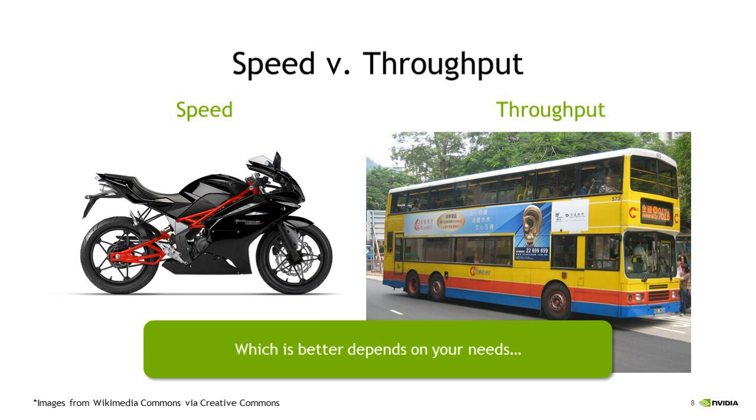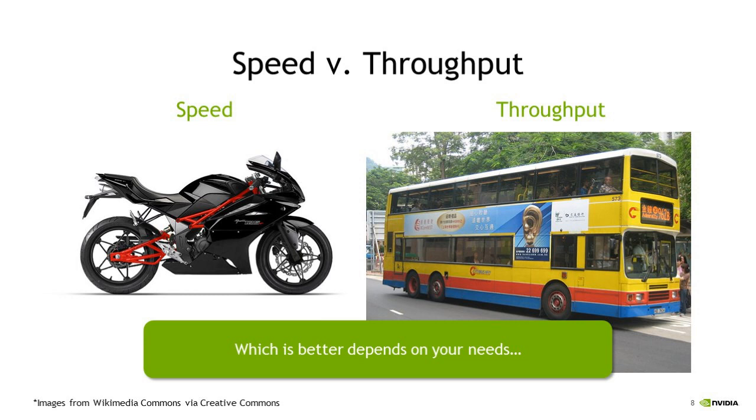So a bus may have to move a lot slower down the highway, and it certainly can't weave in and out of lanes like a motorcycle could, but I'm transporting, say, 200 people on a bus. Well, if I can get one person home in a half an hour on a motorcycle, then my throughput is one half of a person, in a half hour, 2 people per hour. So I can transport 2 people per hour using a motorcycle.